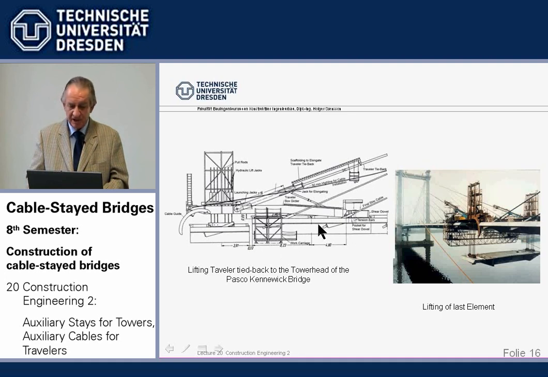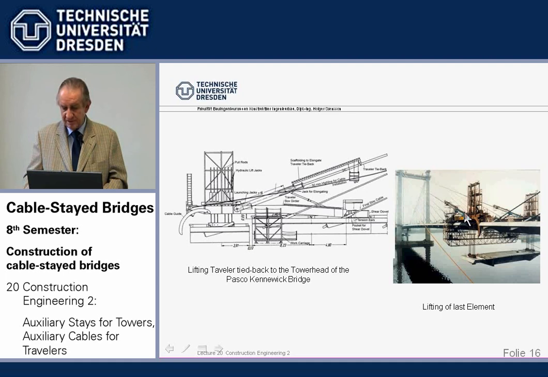The beam couldn't take it, precast joints couldn't take it. So this is a tie back. And in addition, we had to stay the tower because it was free cantilevering to both sides with auxiliary stays. So we see here this one is the forward tower, auxiliary tower stay, where the ships are due to run in.